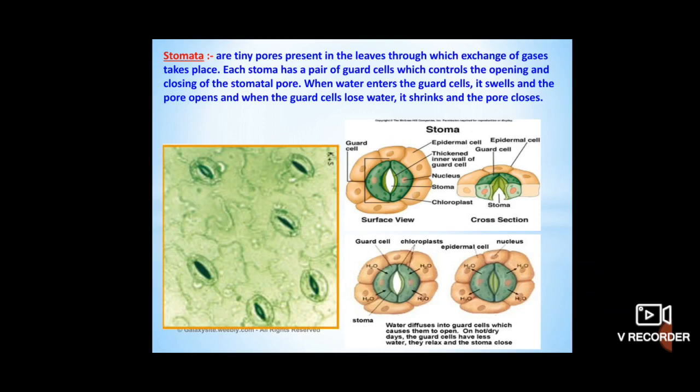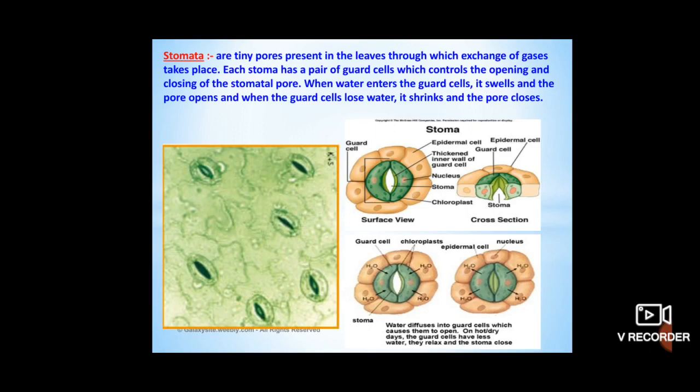After that, the stomatal pore is surrounded by the guard cells. These guard cells play a major role in the opening and closing of the stomatal pore, particularly in the daytime.